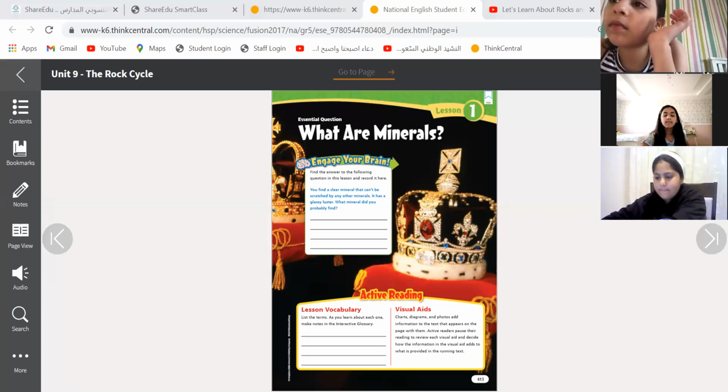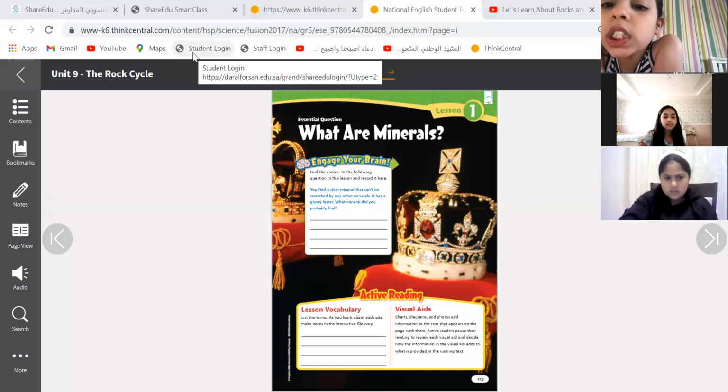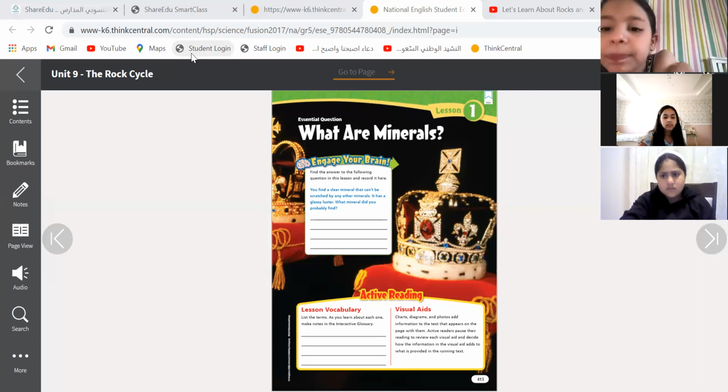Now, Amal, where can we find minerals and rocks? Where can we find minerals? If they need high temperature and high pressure, where can you find really high temperature and high pressure?